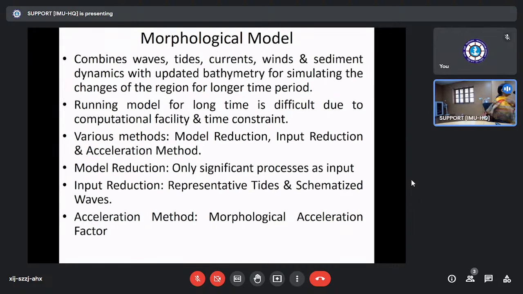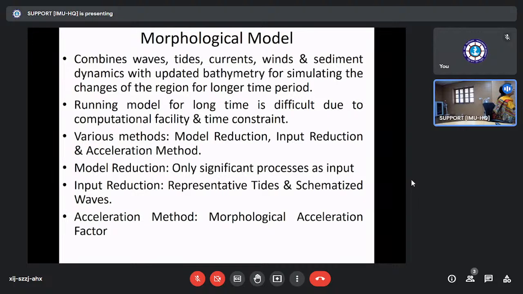So now, after validation of the flow model and wave model, the morphological model was formed, in which waves, tides, currents, and sediment dynamics are analyzed, updating the bathymetry after simulating the changes of the region for a particular period of time. Now, long-term morphological development for longer periods, like a century, 50 years, 70 years, 100 years, or more, needs a lot of computational time, facilities, and human effort, which is very difficult.